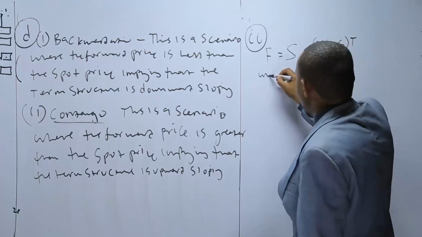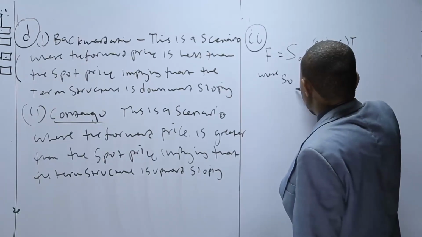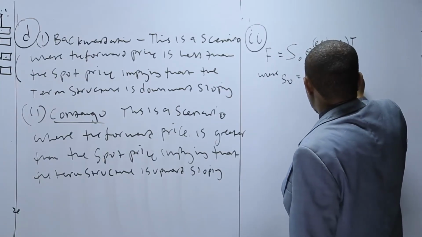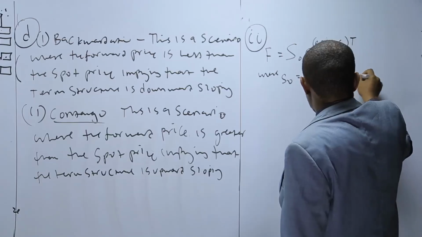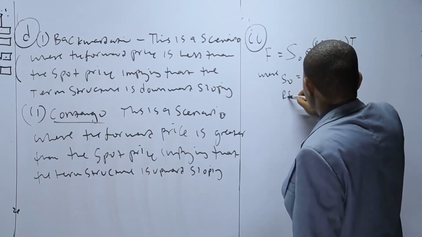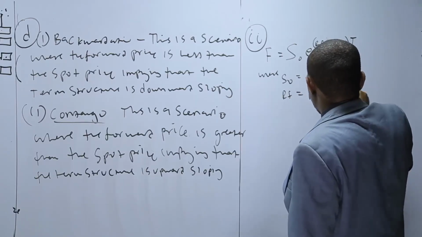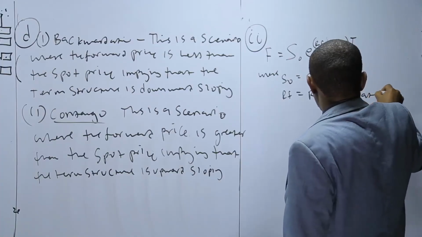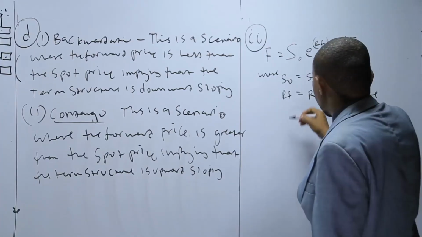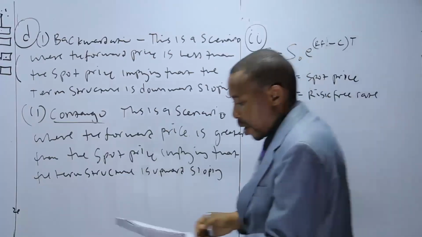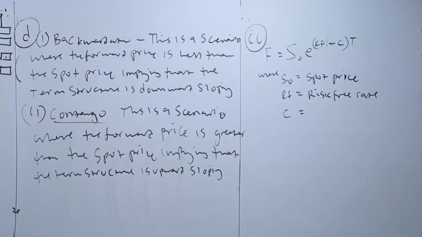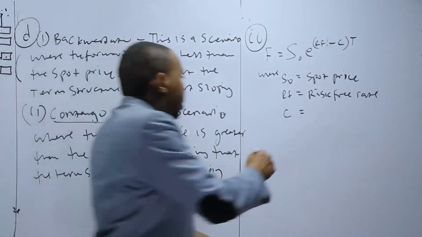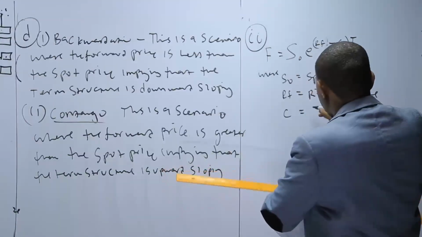So we say where S0 is the spot price, RF is the risk free rate, and C is the convenience yield.